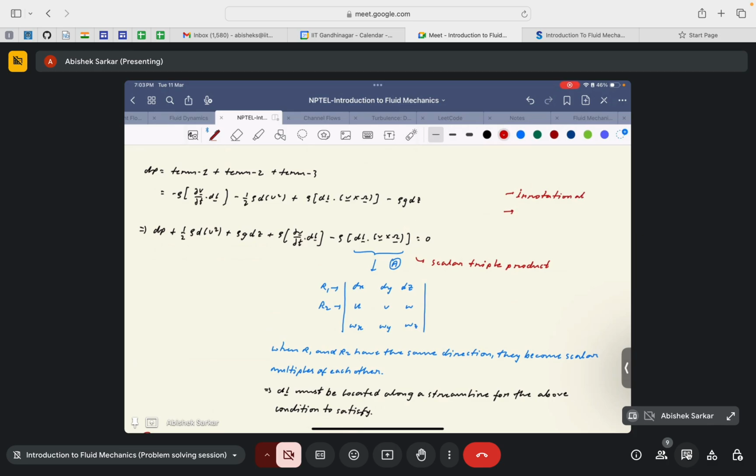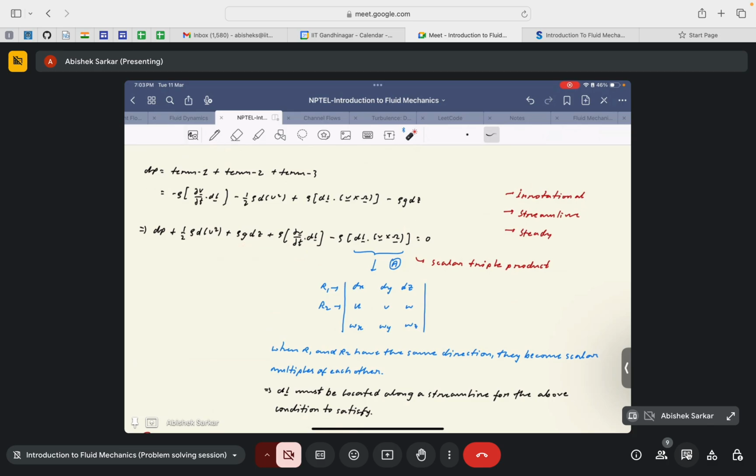Then, let us say also that the flow is along a streamline, then also we can neglect this term. Now, if the flow is steady, then we can also neglect the unsteady term, so that only these 3 terms remain.